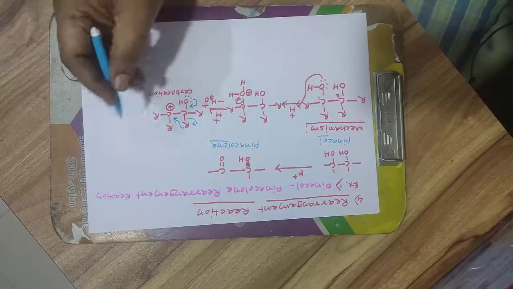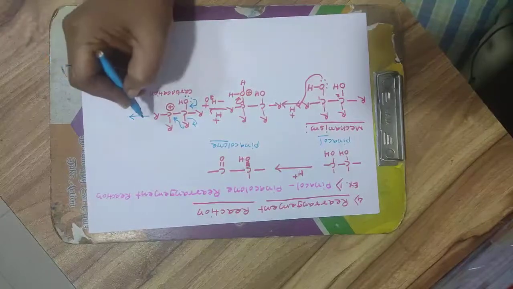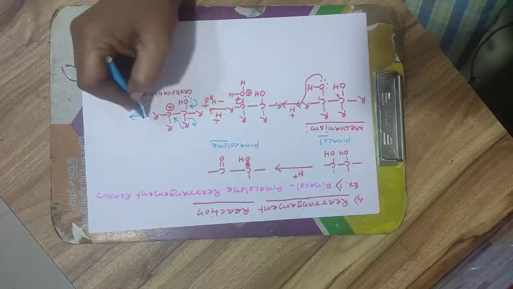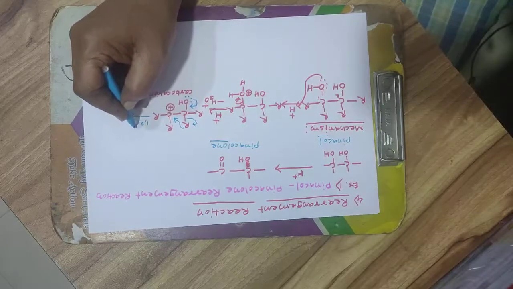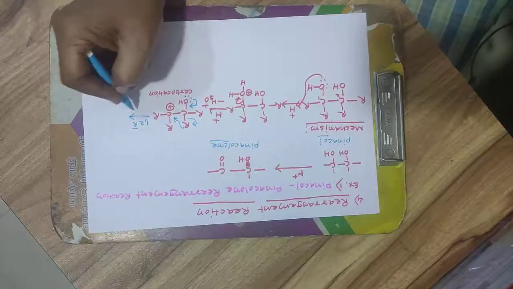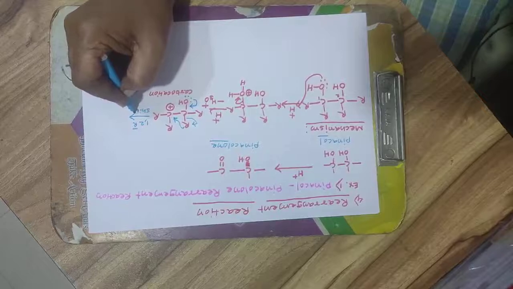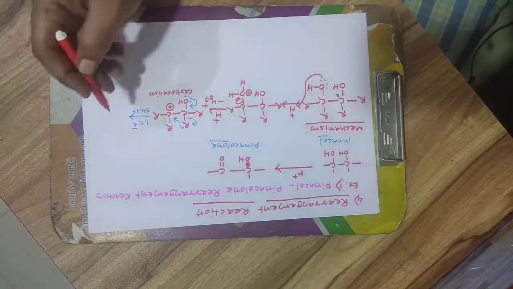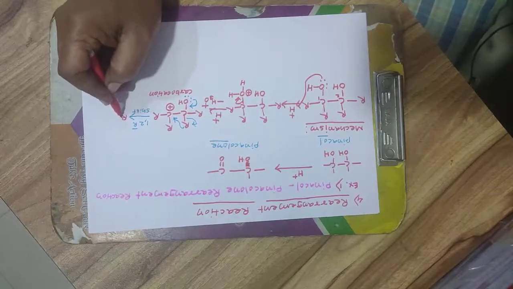So here, it undergoes, here is carbon number 1, carbon number 2, it is a 1,2 R minus shift, and we will get such a type of structure, that is R as it is.